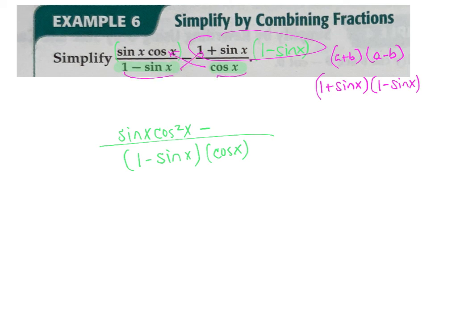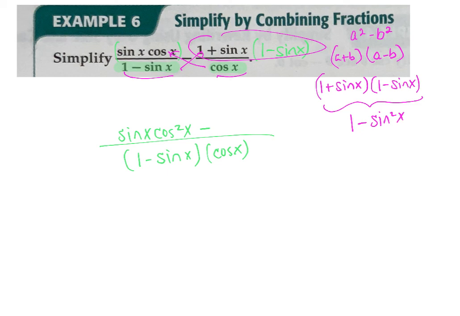Now, if I were to multiply conjugates, a plus b, a minus b, I end up with a squared minus b squared. That's what happens when you multiply conjugates. So this should end up 1 squared minus sine squared. Does everybody see why that would happen?